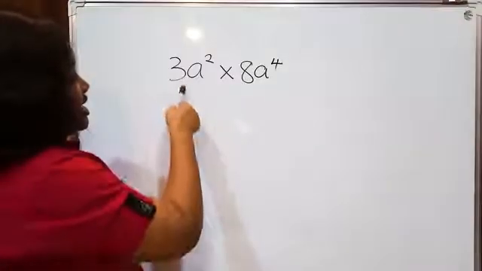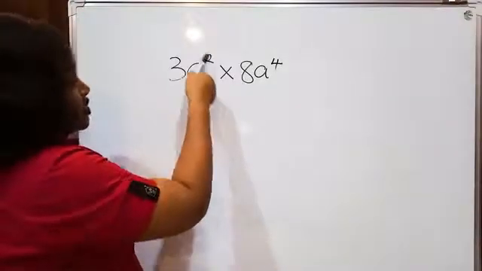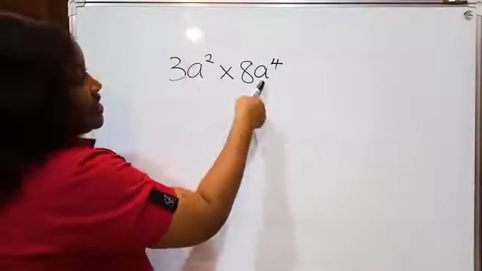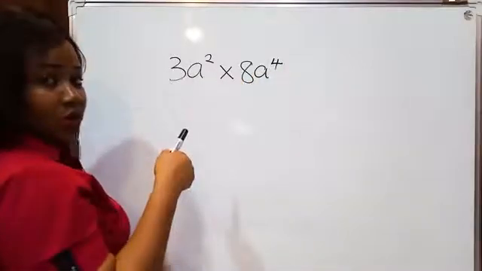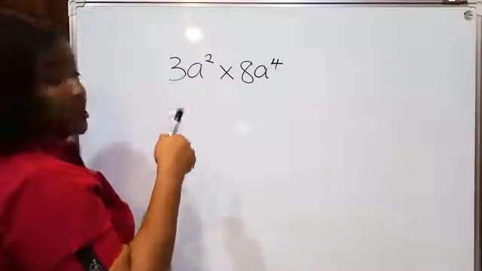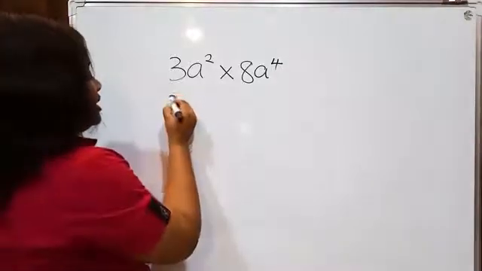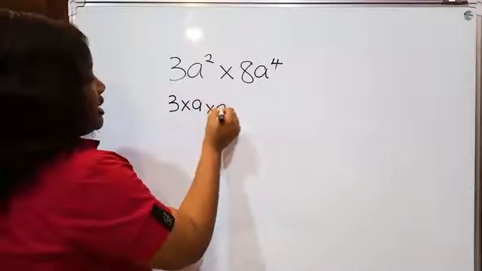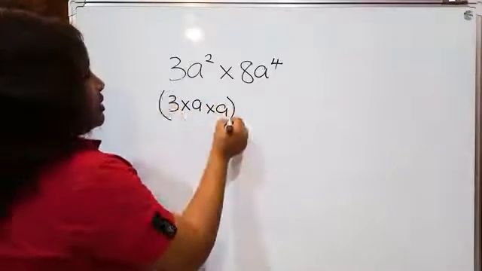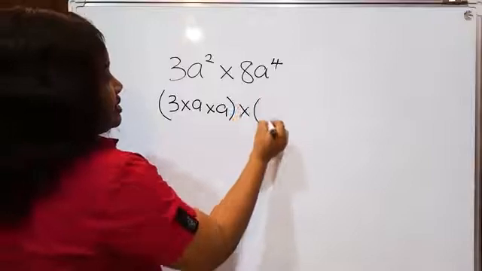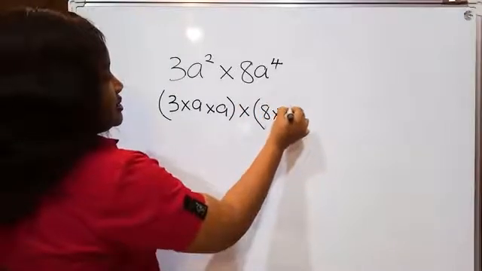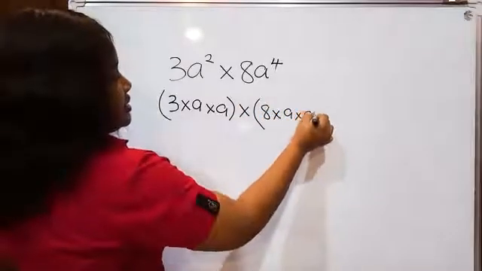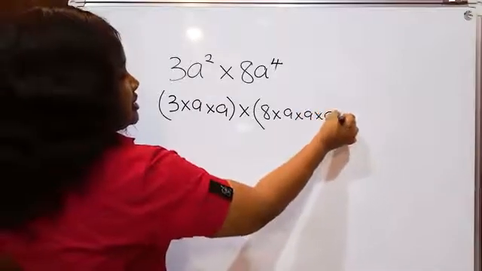So let's look at this. We have 3a squared times 8a raised to power 4. Let's try expanding. We have 3 times a times a, times 8 times a times a times a times a.